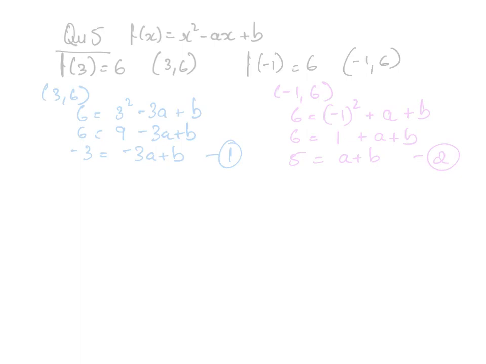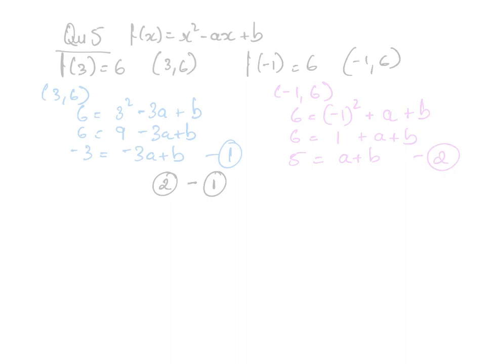All right, now where do I go with that? Well, we've got simultaneous equations. So what I'm going to do is say equation 2, take away equation 1, because what I want to do is eliminate one of the letters. And you can see there, if I say 2 take away 1, my b's are going to eliminate. So I get b take away b, and that goes.